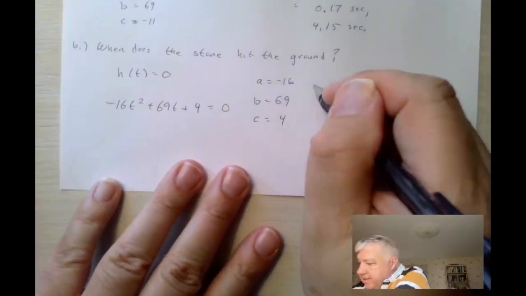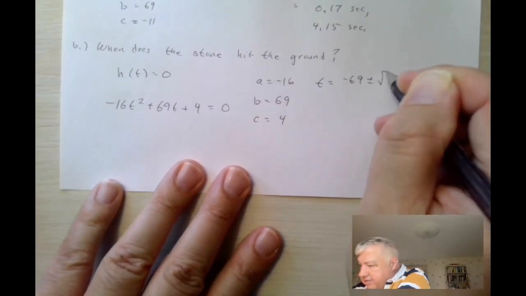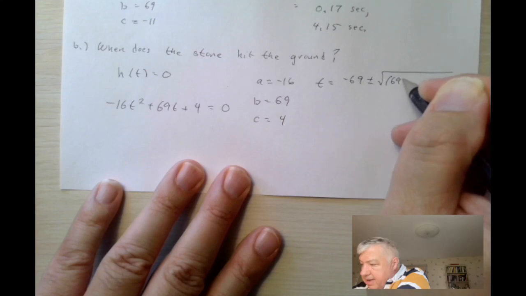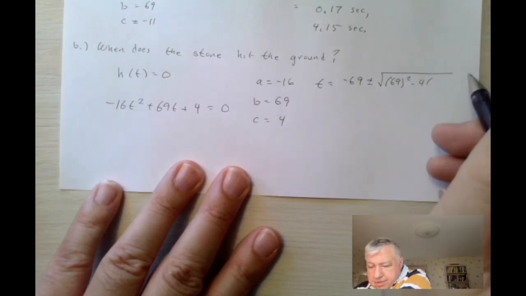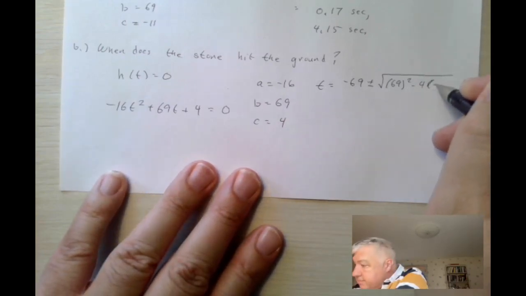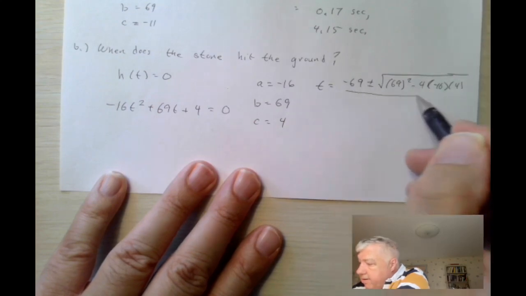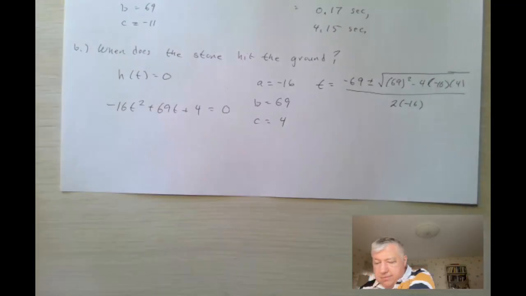And then t is going to be negative 69 plus or minus the square root of 69 squared minus 4 times negative 16 times 4, all over 2 times negative 16.